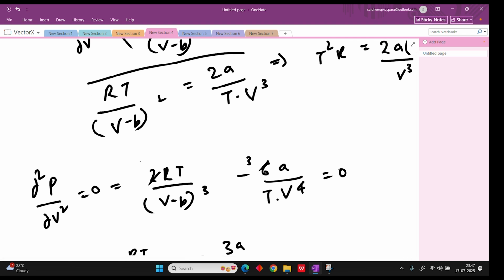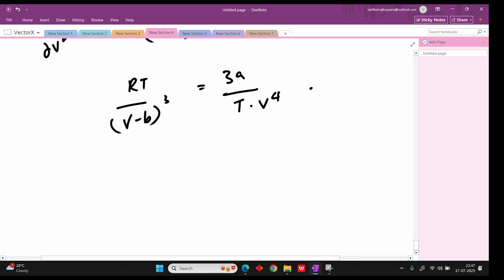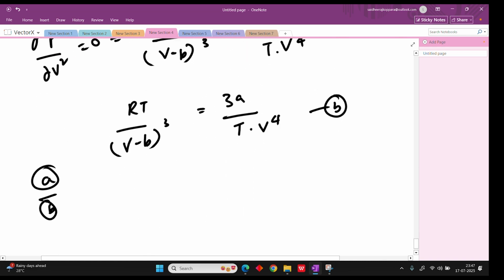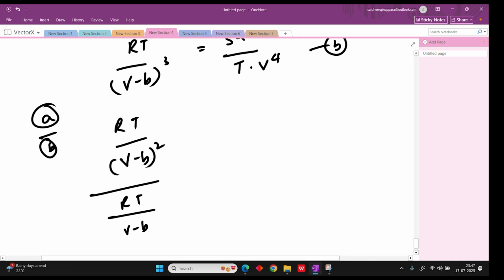Now, this equation you're going to use again. Let's name this as A and this as B. So what you do is A by B. Then what you are getting is RT by (V minus B) whole square by RT by (V minus B) whole cube.